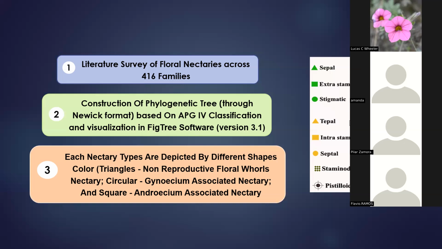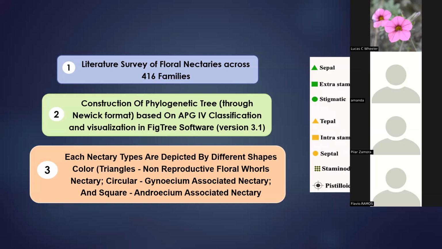So for each nectary type, I have given a different symbol. For example, the squares are different kinds of stamen nectary, because the position of nectary also varies within the stamen whorl. It can be intrastaminal, staminal, extrastaminal or interstaminal.